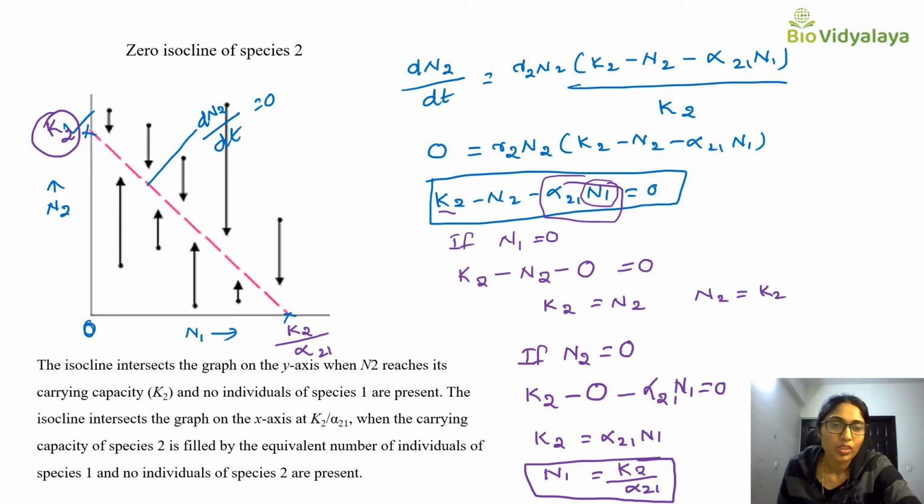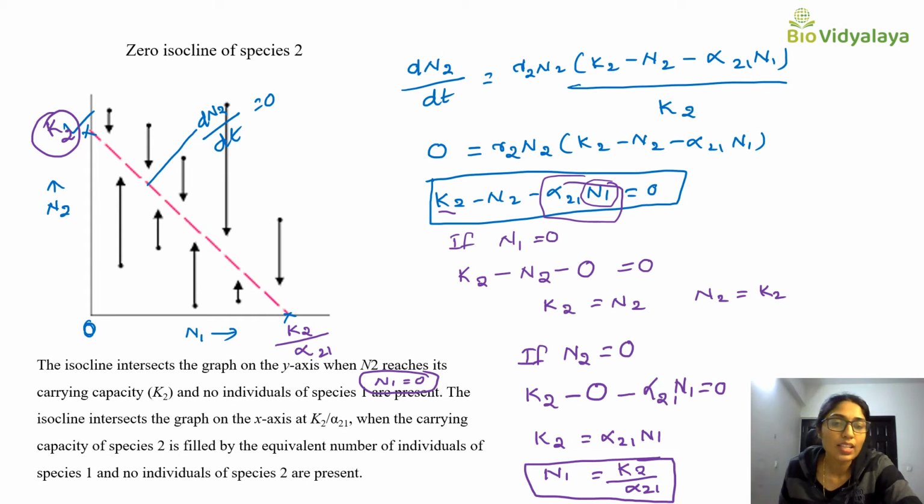So the isocline intersects the graph on the y-axis when N2 reaches its carrying capacity K2 and no individuals of species 1 are present. That means N1 is equal to 0.